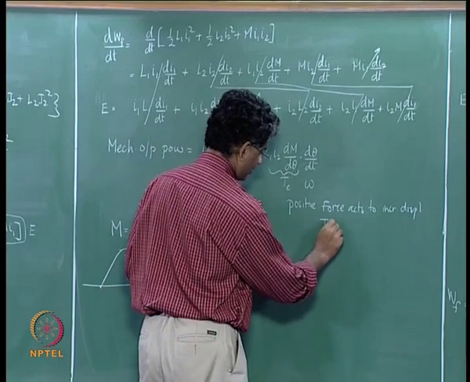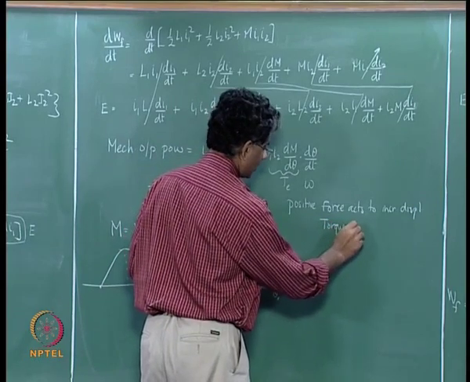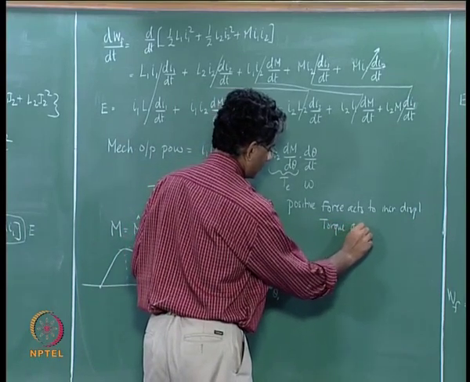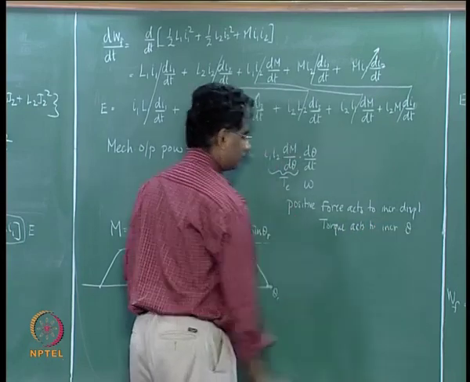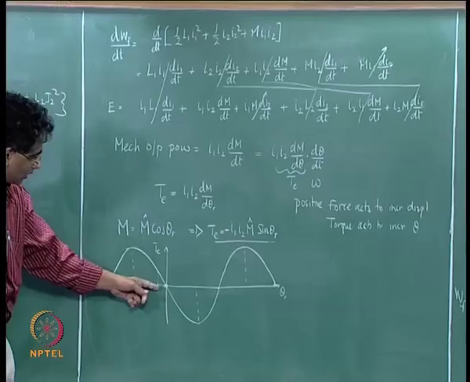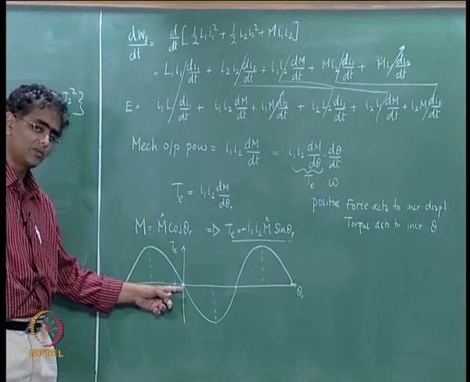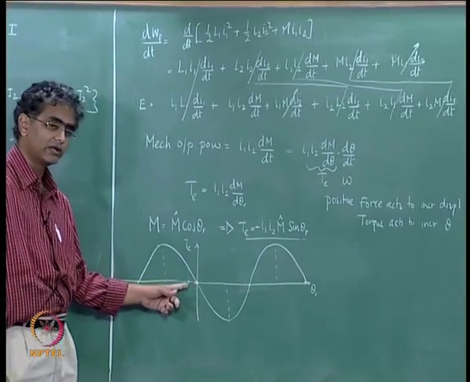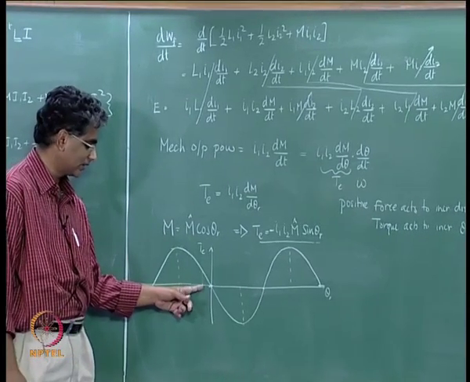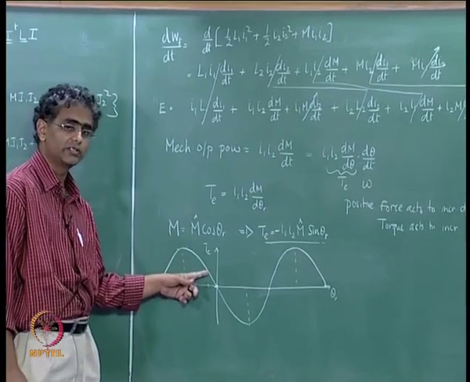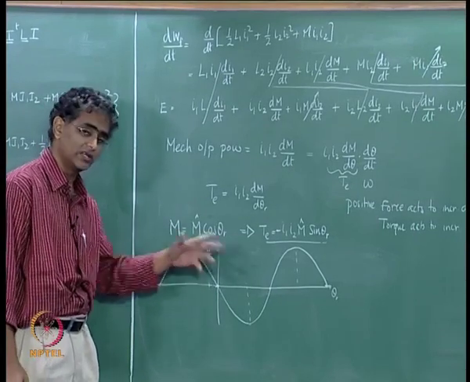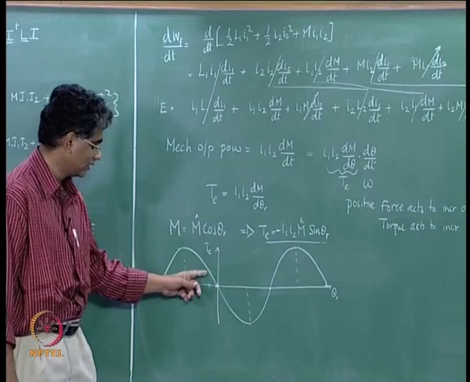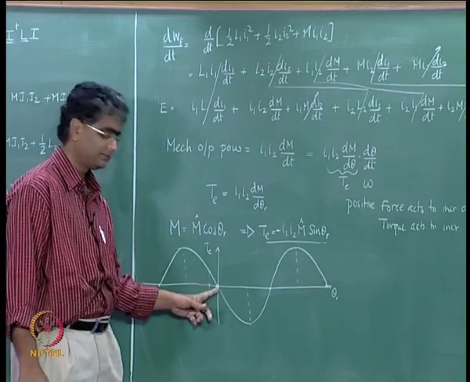Similarly, positive torque acts to increase rotor angle. So if the rotor happens to be displaced by a small angle, and at this angle the generated torque is greater than 0, it will now try to move the rotor in the direction of increasing angle, and therefore it will come back to 0.